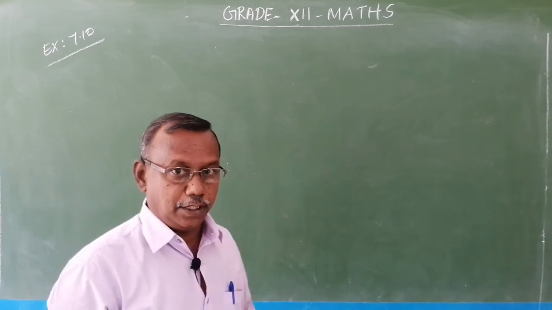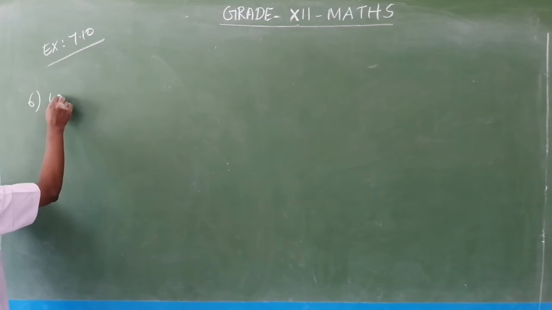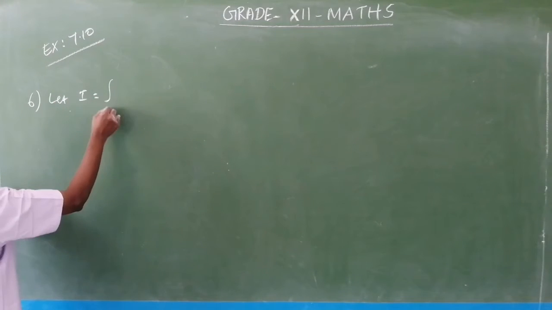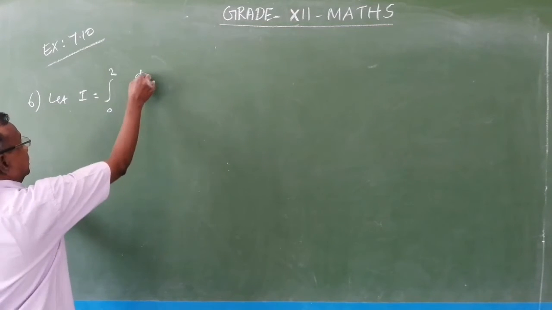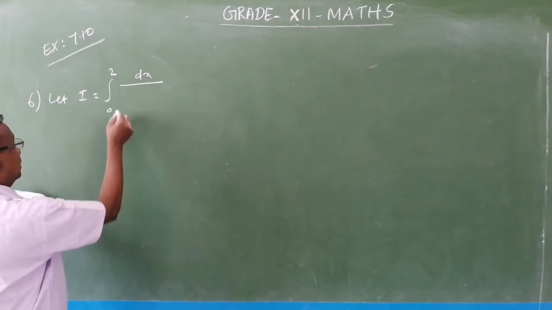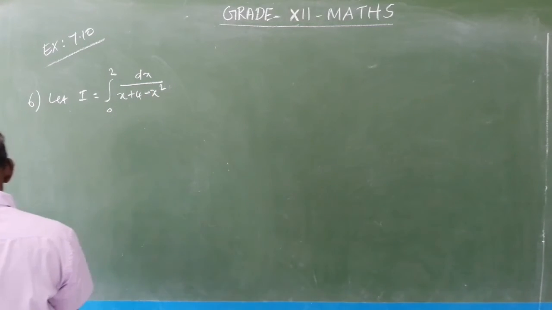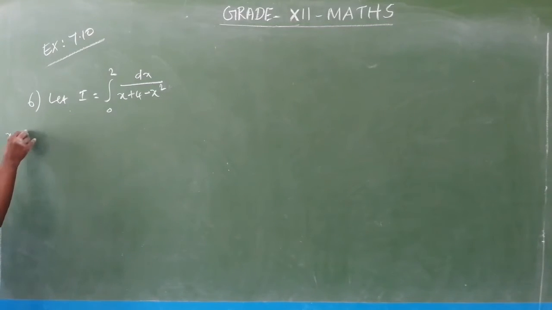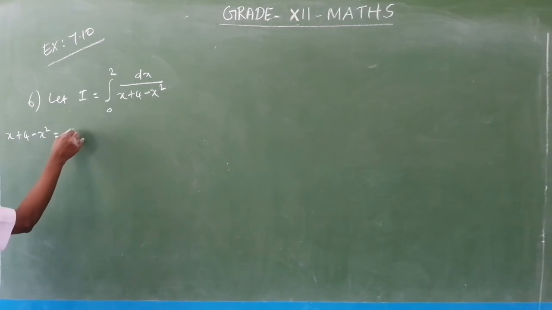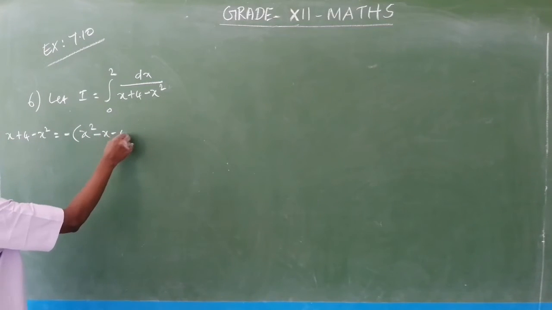Next, question number 6. Let I equal the integral from 0 to 2 of dx divided by x plus 4 minus x square. Now, x plus 4 minus x square equal to minus of x square minus x minus 4.